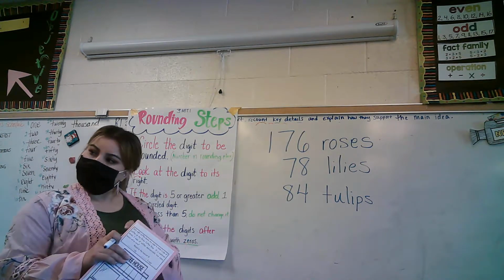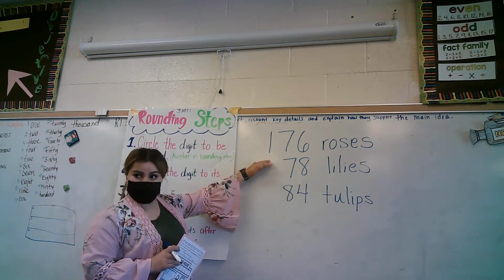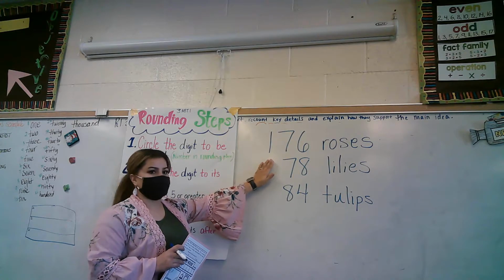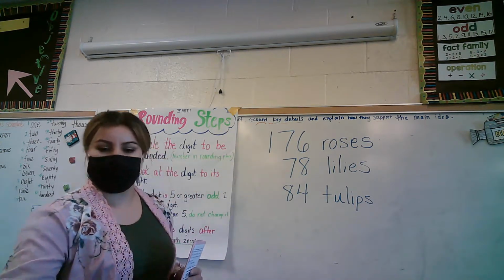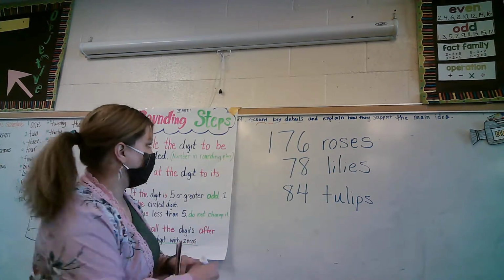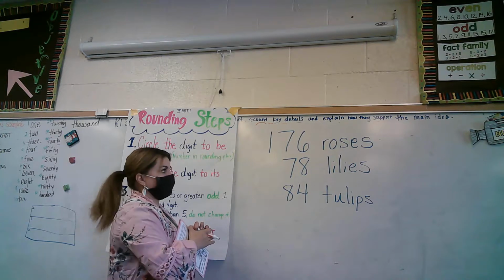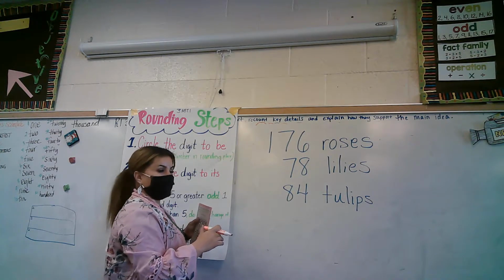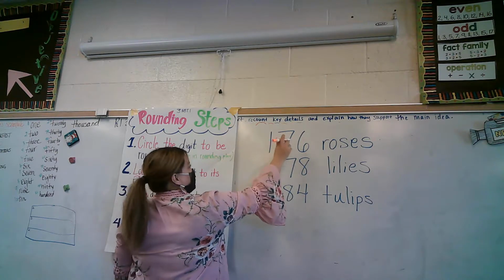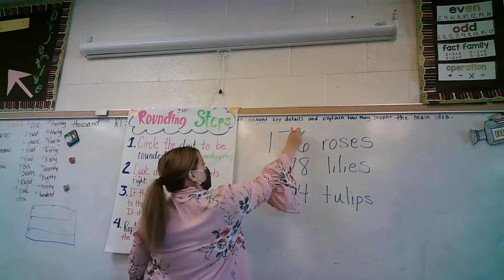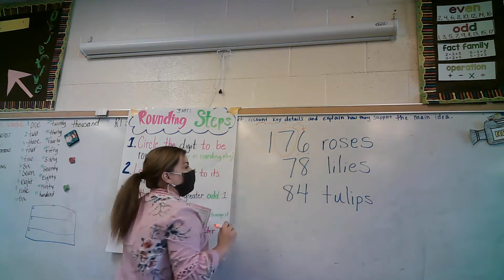Okay, so let's see. Let's start with our roses. 176 to the nearest 10. What digit is in the tens place? Katie? 6. In the tens place? What number did she say? 6. Oh, so that's the ones place, the tens place. So we're going to circle the 7, and we're going to look to the right. Remember that? Okay.